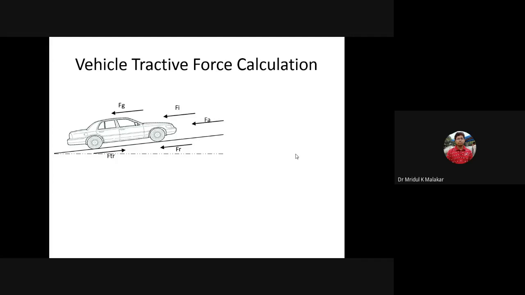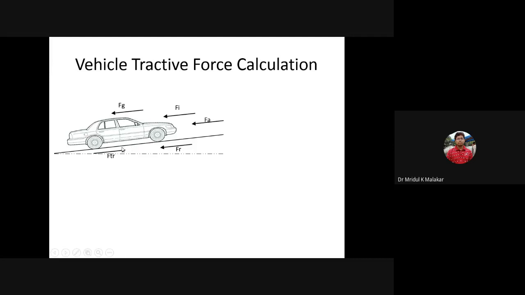If you make this an electrical or mechanical system, and you want to move this vehicle from one point to another, initially how much force is required? This is the net force we have to find, the applied force that will move the vehicle. It depends on several components.